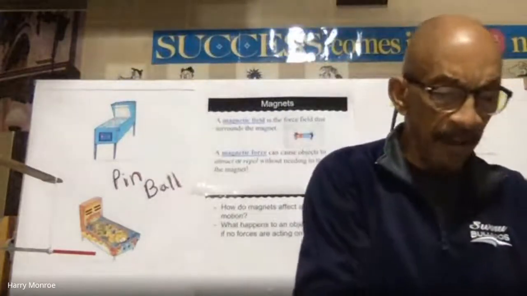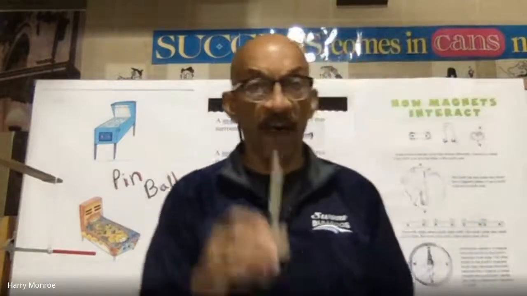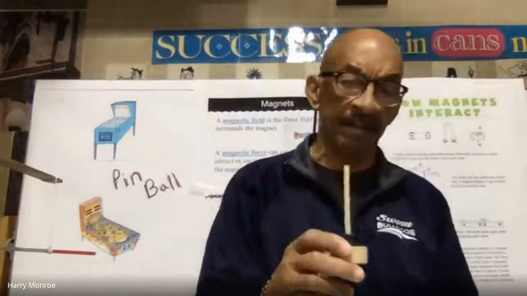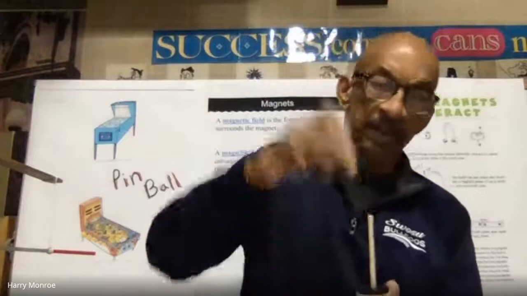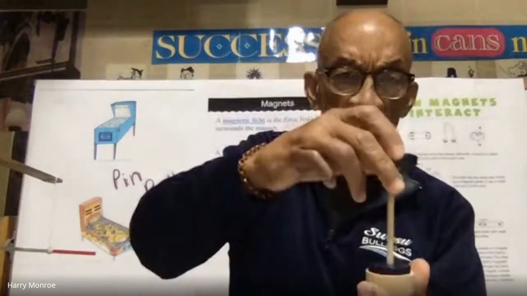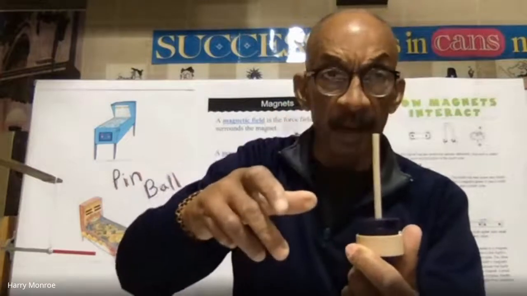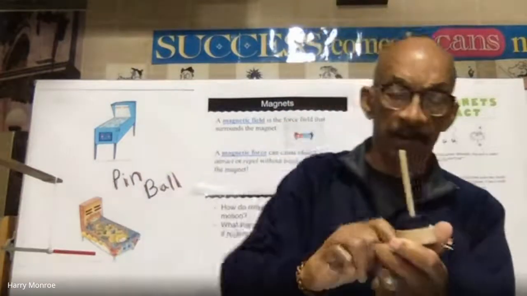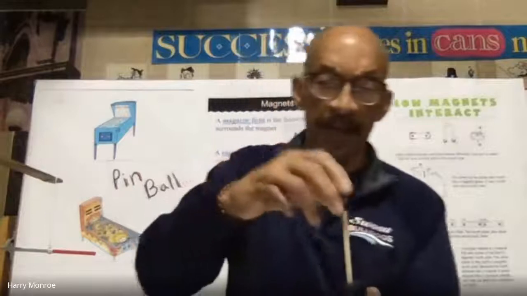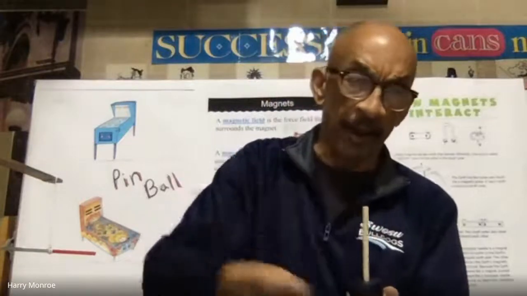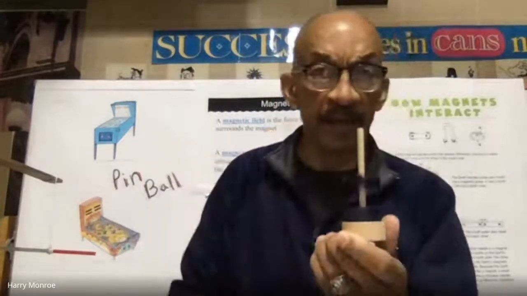Now, what about this ring magnet that I have set up on a pedestal? We know that gravity pulls everything down, right? If I was to drop this ring on top of the pedestal, it would slide down the rod as gravity pulled it down. When I try to get this one to go down, we're going to see that it doesn't go down.